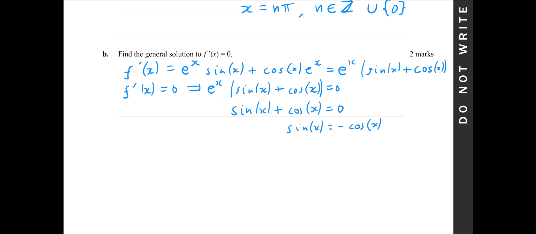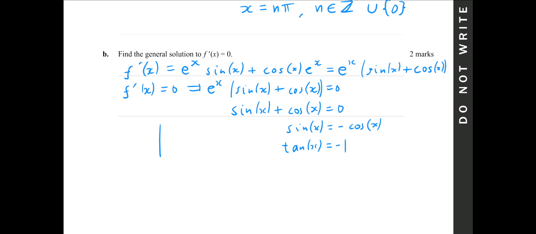And just taking that a couple steps further, dividing both sides by cos, sine divided by cos is tan. So we end up with tan x equaling -1. So again, in a similar fashion, we are going to work out the general solution to this particular equation. So tan x equals -1.